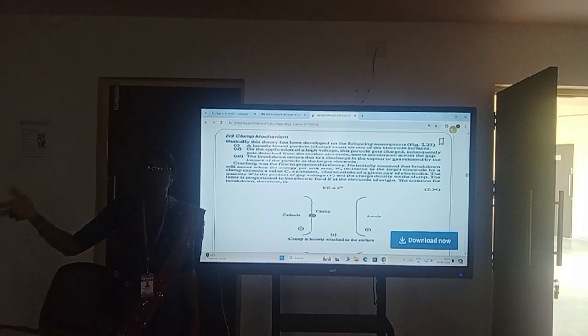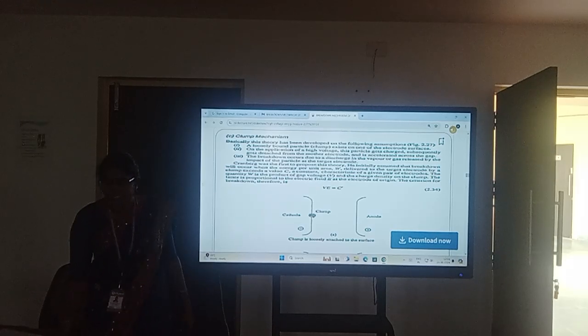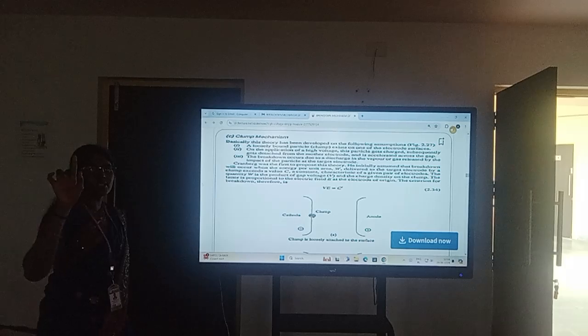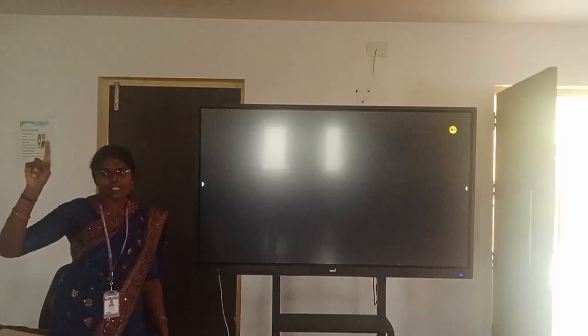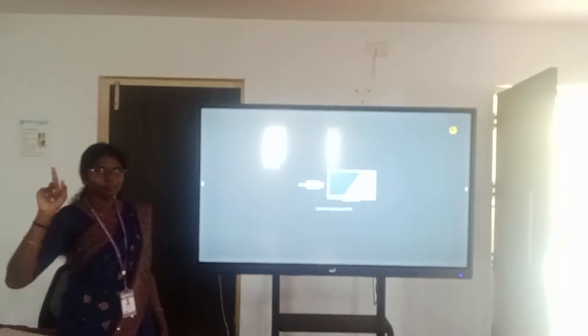Whatever the length and breadth of that particular area, the energy per unit area will occur. Next, we can say that the energy per unit area is W.